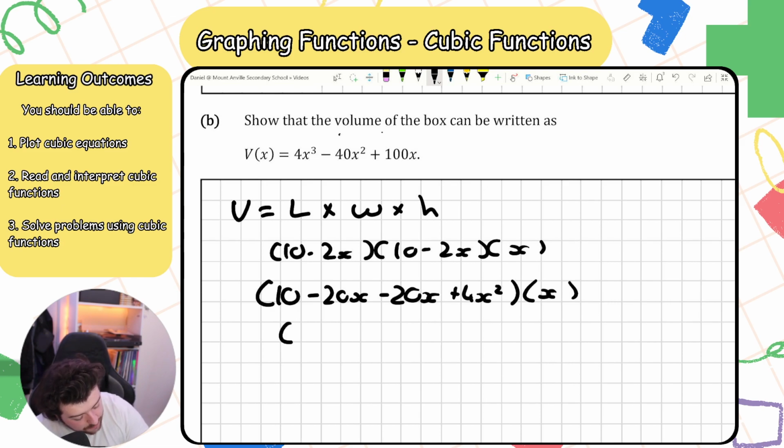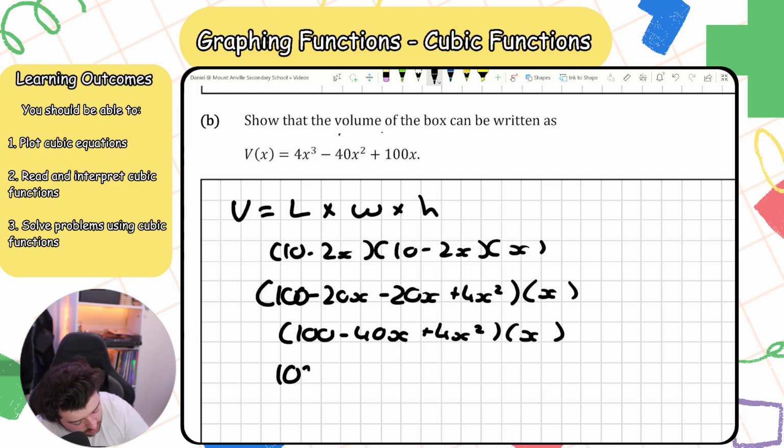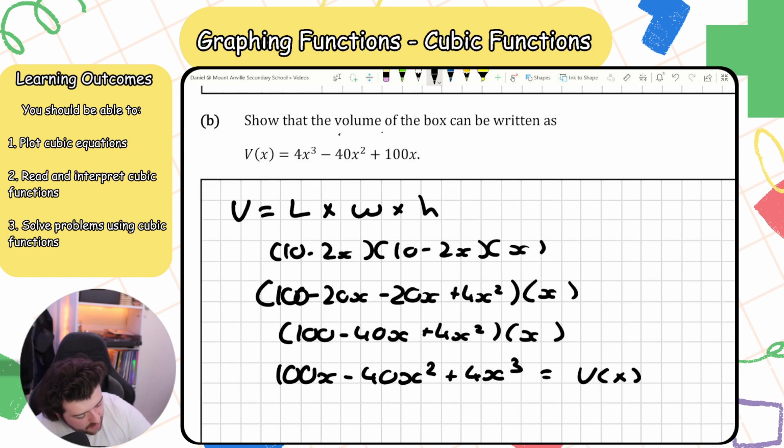So 100 minus 40x plus 4x squared, times x. Multiply x in, I get 100x minus 40x squared plus 4x cubed is equal to the volume.